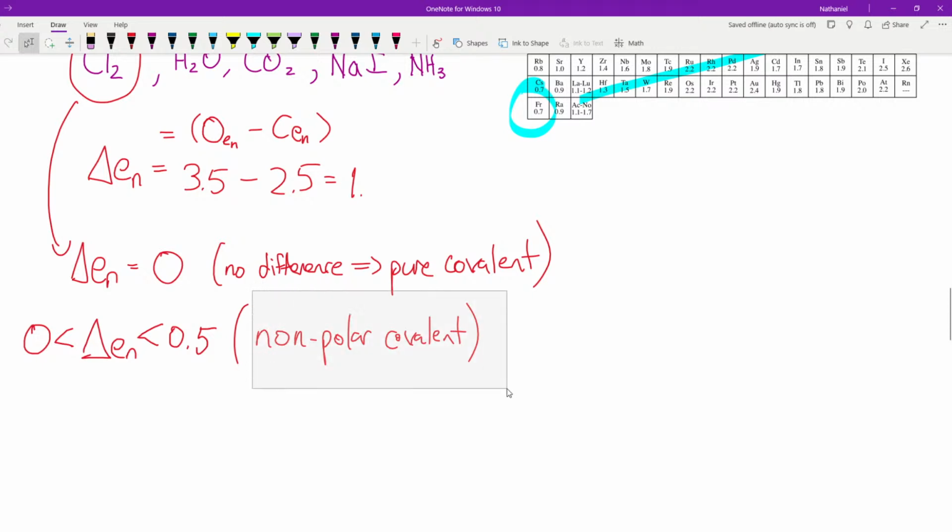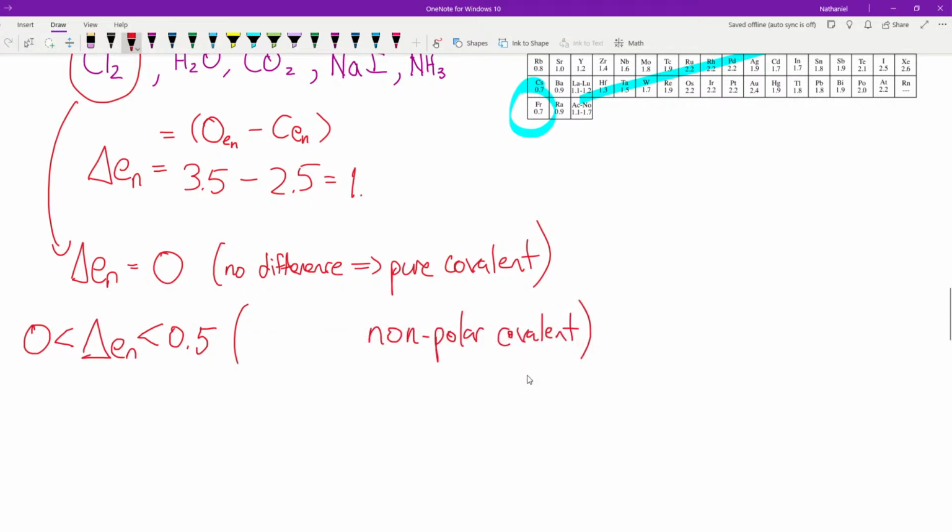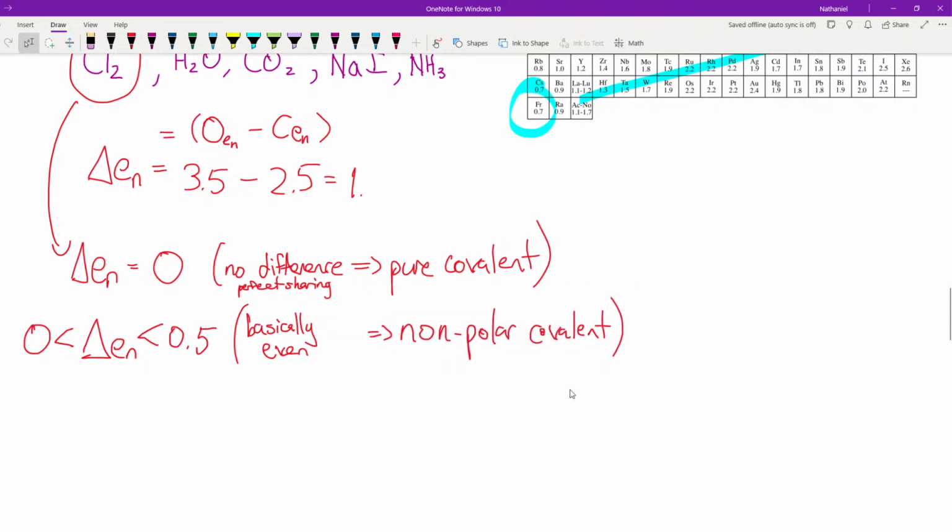So basically even sharing, right? So no difference, so perfect sharing. Basically even sharing. So it's kind of like, you know, pretty close.